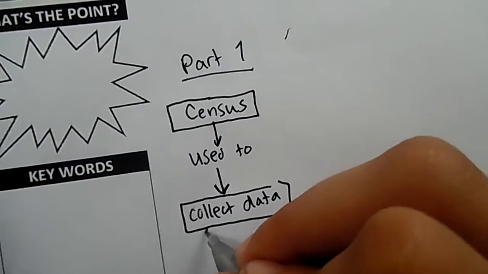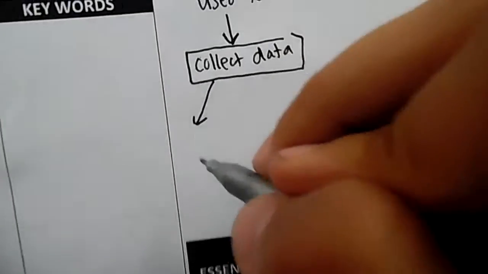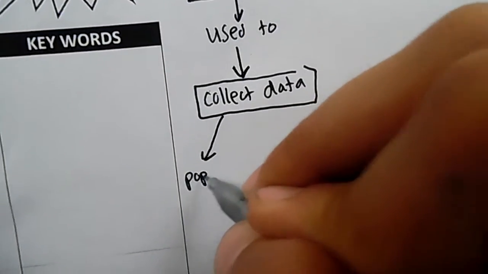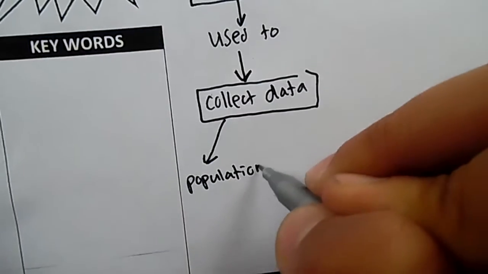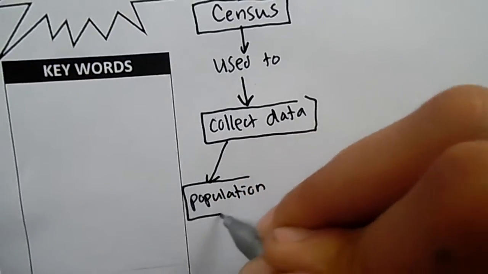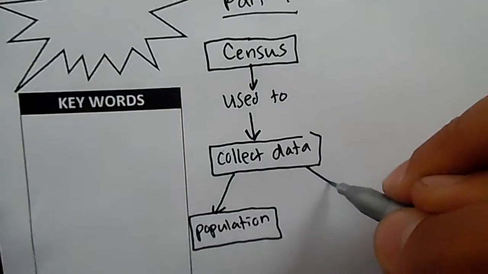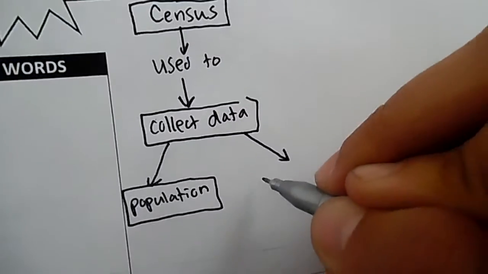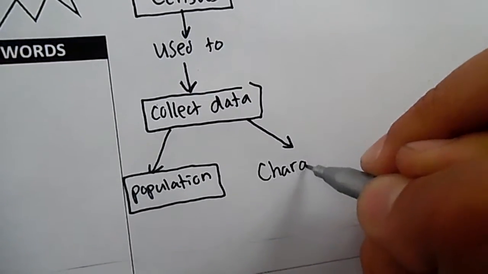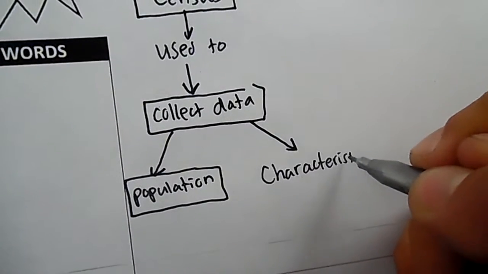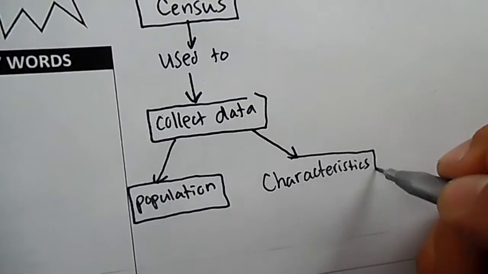Now, you can use the data for first, just to find the population. This many people live here. Or, as we discussed, we can use that to discover characteristics of the population.